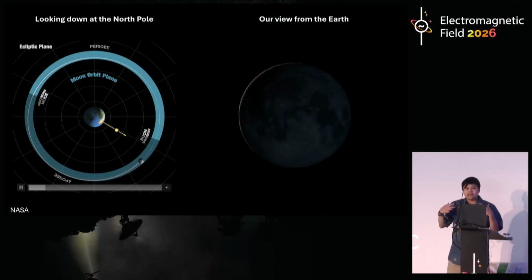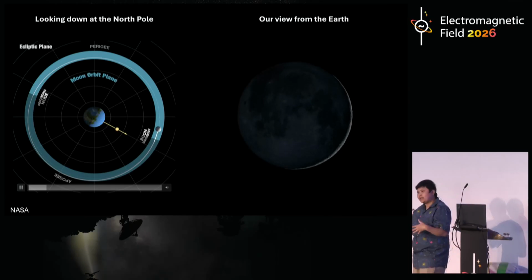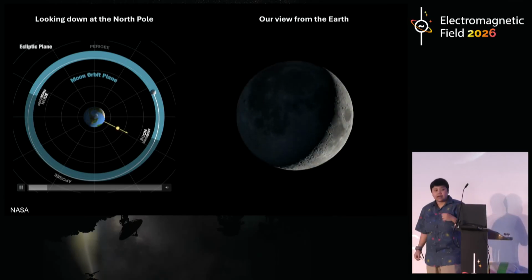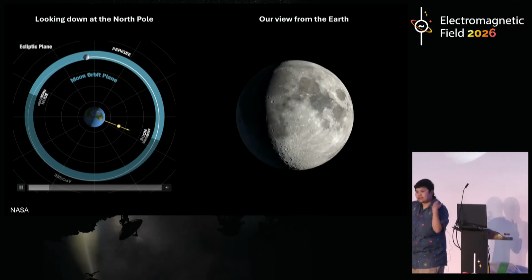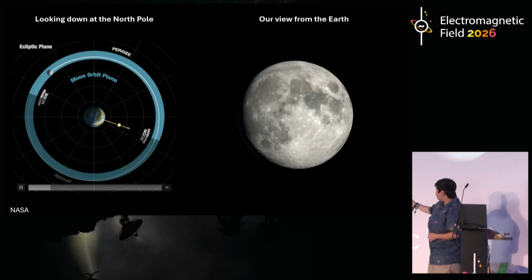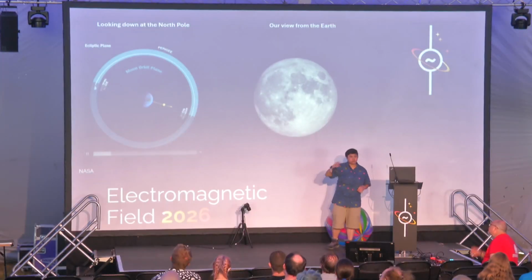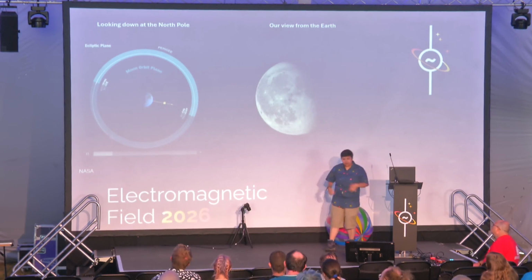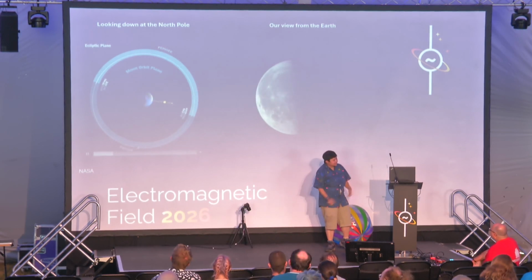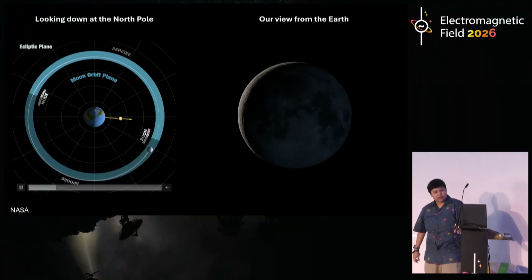So you can sort of figure out how we get the phases as well, because different amounts of the moon, from our point of view, get split up by the sun. And on the other side of the screen, we've got what the moon looks like to us. So you've got a full moon, a waxing gibbous, a new moon, and so on.